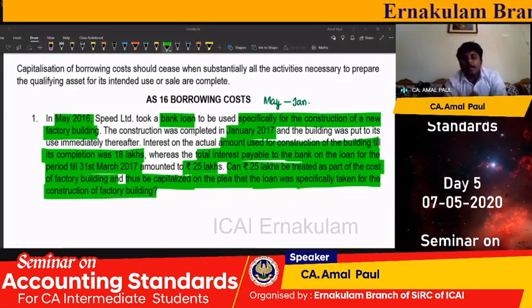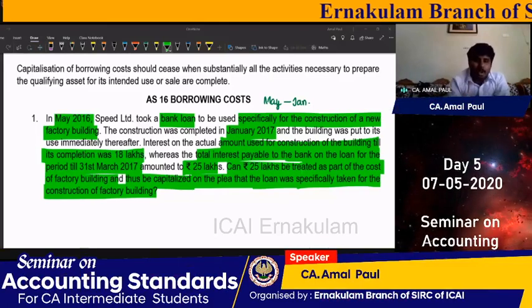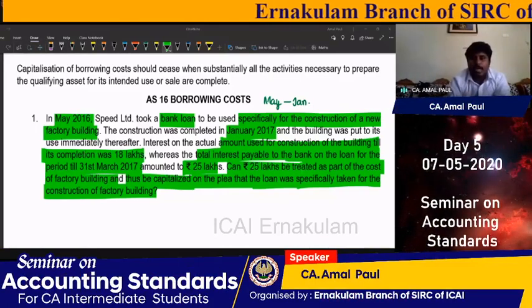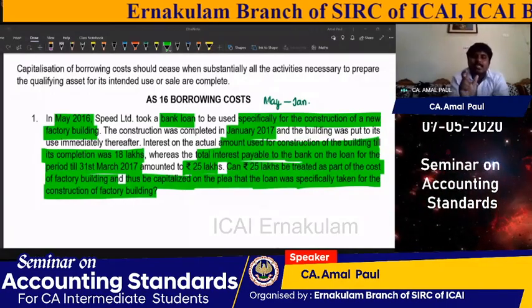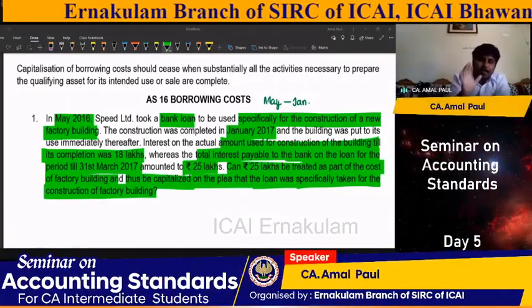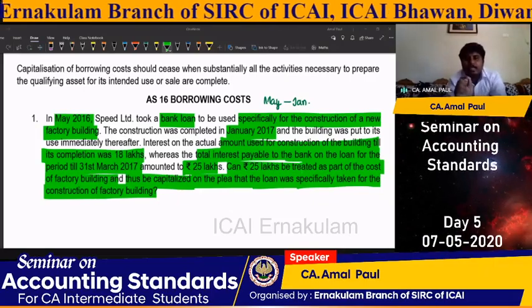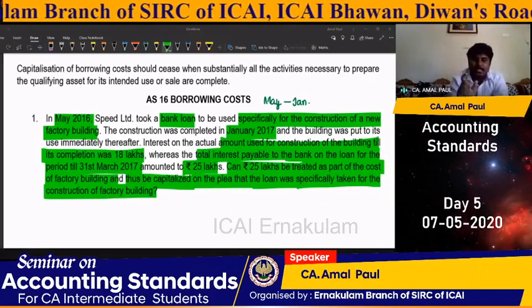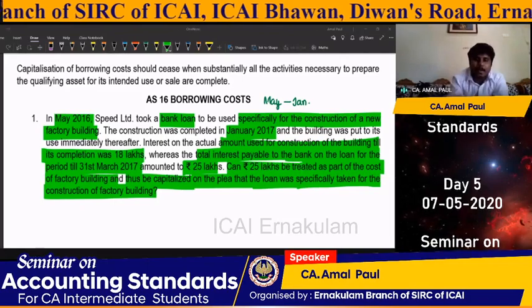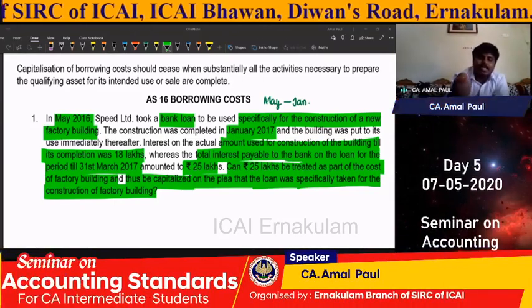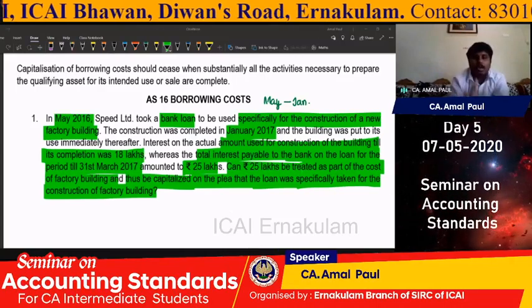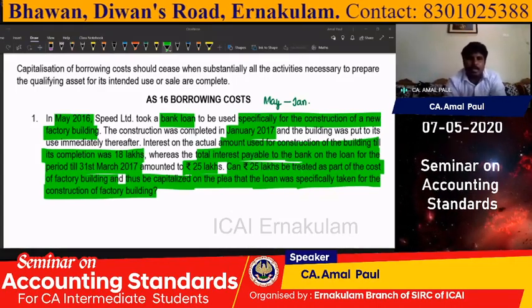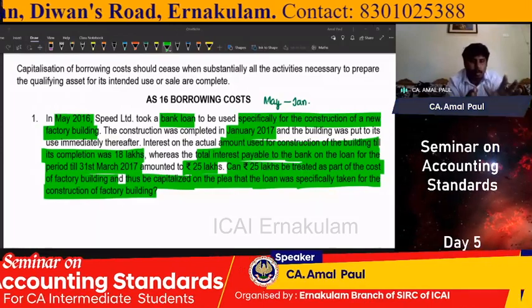This substantial period of time is not defined in the standard. The standard states that any period of time can be substantial based on facts and circumstances. Generally, a period of 12 months is considered substantial unless a shorter or longer period can be justified. This is the case when it comes to your borrowing cost.